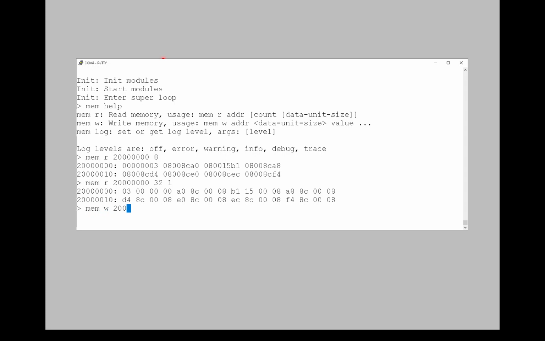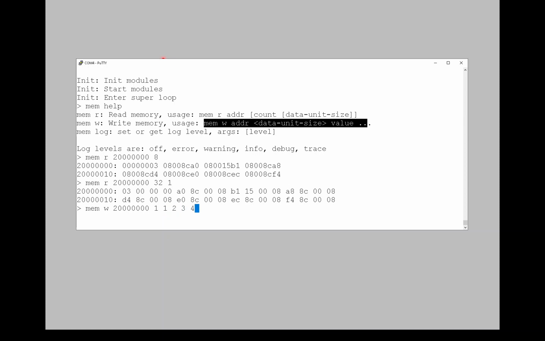So 2000, 1, 2, 3, 4. And then if you look at the usage for write, you give the address. Oh, I gave the address. You have to give the data unit size, and then you give the values. And I am just going to give the values 1, 2, 3, 4.